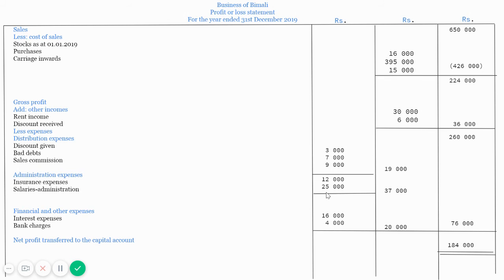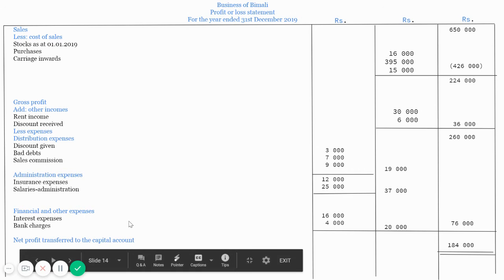And the last balance will be the bank charges. That will be a debit balance of 4,000, which is an expense again, bank charges, financial expense. When the bank is giving different services for the business, they will charge some fee for them. In this case, which is 4,000.